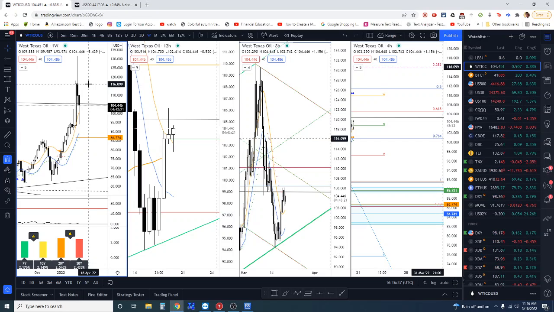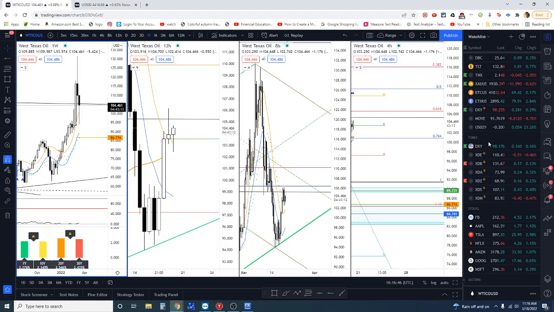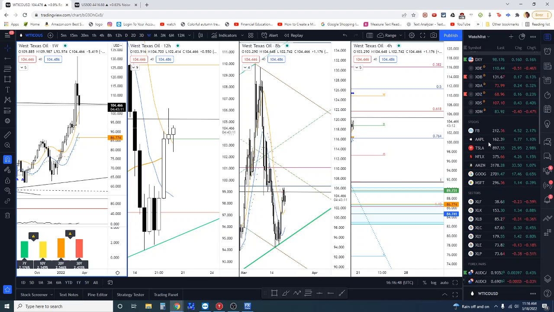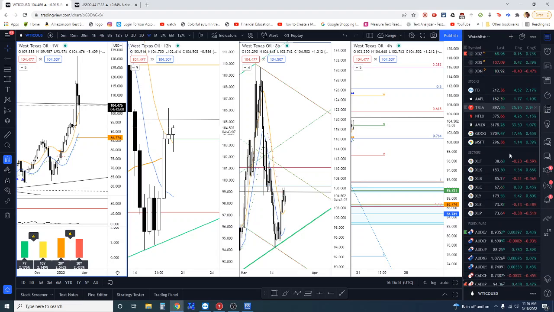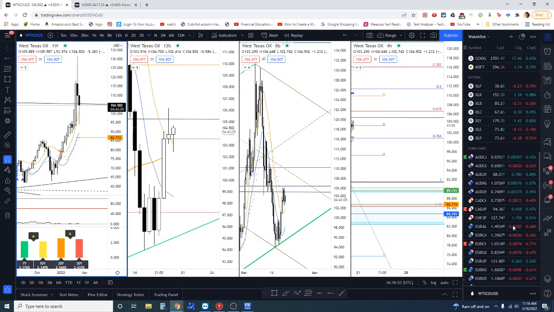But it does look like the S&P 500 is either keying off the euro dollar. So euro dollar, euro USD. Let's see. Looks like it's down. So dollar strength. So it's weird.